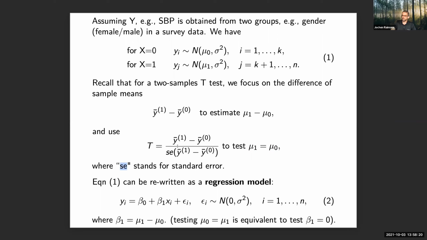The standard error is this SE, and this allows you to calculate the t out of your difference. Conceptually, that's the difference of the sample means, of the mean of the sample means that you have drawn.